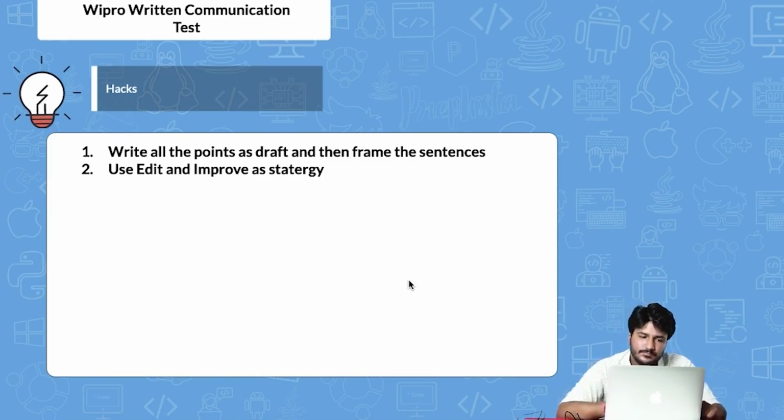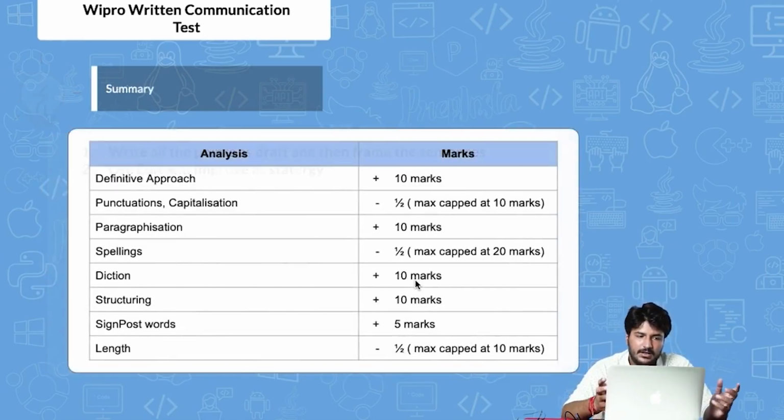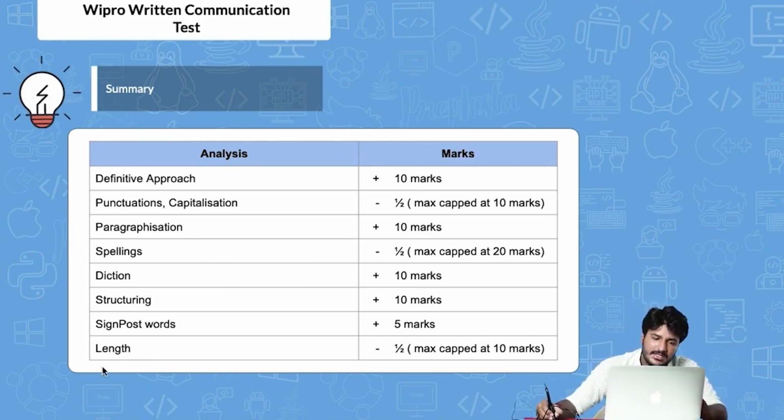That is better, right? Then I want you to take the screenshot of this page. This is the summary of everything that is there as an analysis, and the number of marks that you're going to get, and the negative marking or the positive marking of each. One thing that I forgot to mention here is grammar, and that's my bad. I did not include that in the slide, but this is basically 10 marks.